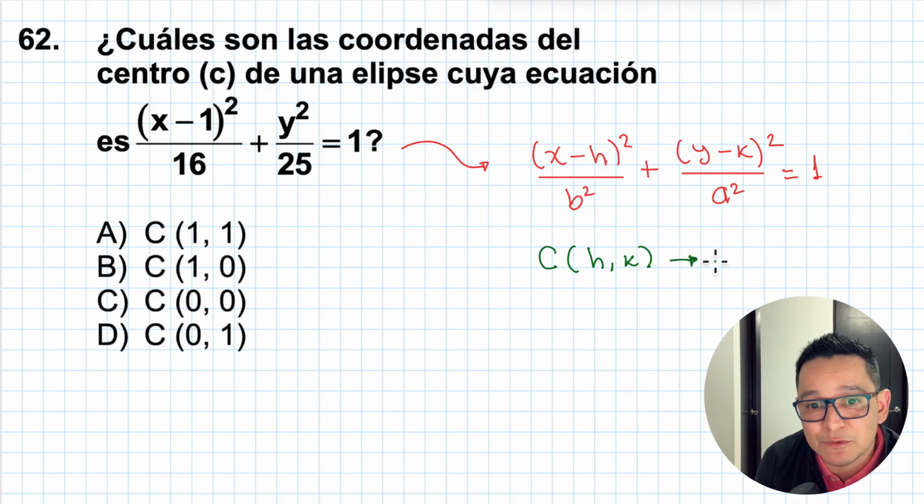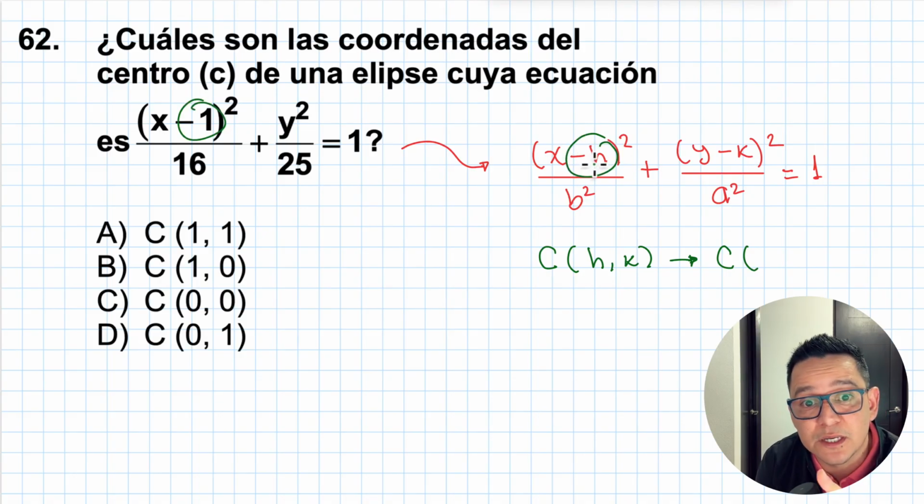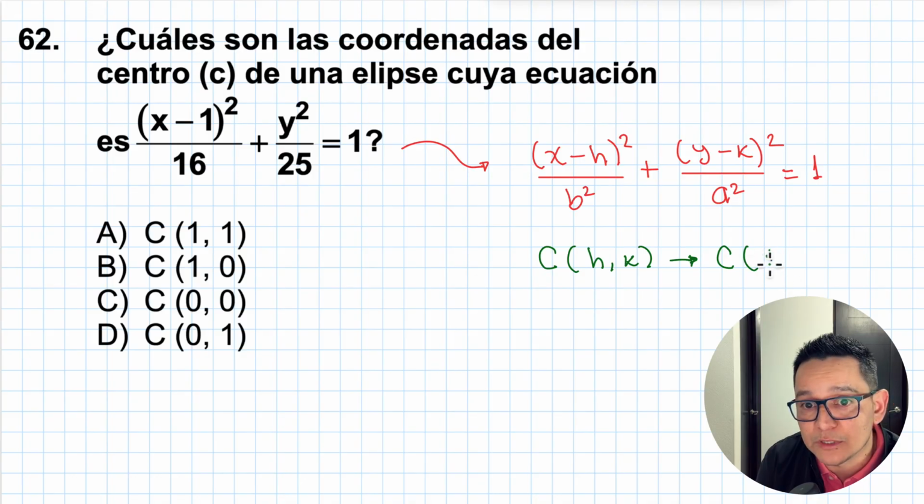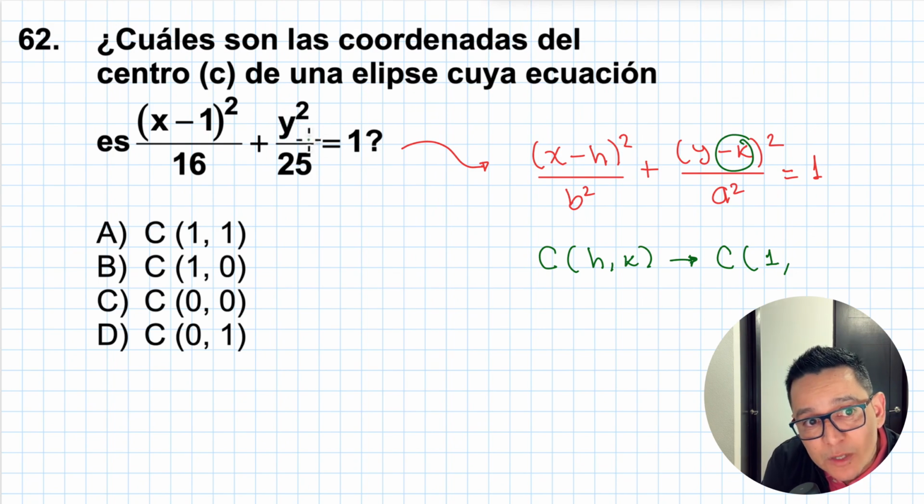So, determine which is h and which is k. In this case, you can answer quickly. H is this right here, right? So, I'm saying that minus h equals minus 1. If minus h equals minus 1, that means h is 1. Therefore, let's put a 1 here. Now, minus k is the one next to the y, but what's here?